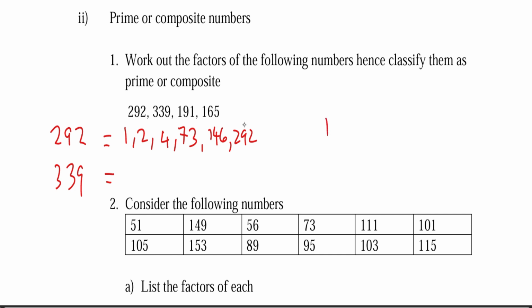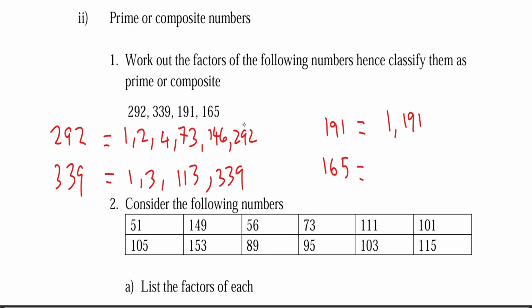The second one is also easy. The factors for 339 are 1, 3, 113, because if you divide by 3 it gives you 113, and then lastly 339. For 191 it's just 2 factors, 1 and 191.